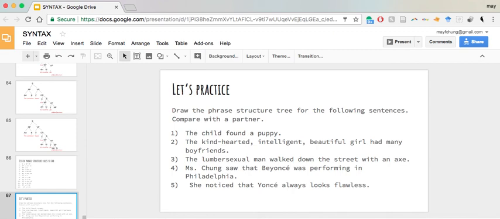I'll give you more examples so you can get in the habit of drawing these phrase structure trees. But when in doubt, always start with your constituents and try to figure out what's a grouping, what's a natural pair, and do your constituency tests. So do this for homework. Do these sentences and then compare your answers with the homework answers that I'll post, and then we will talk more about it and practice more tomorrow in class.